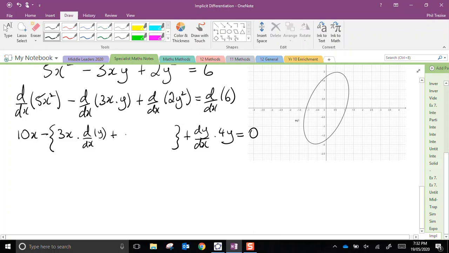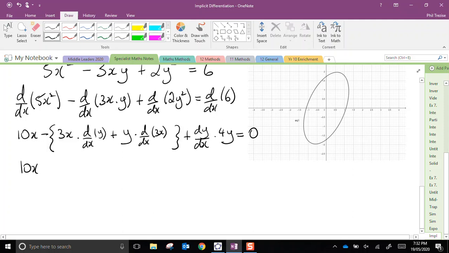Then we have the second term, y, and we multiply by the derivative with respect to x of the first term, d over dx of 3x. All of that, we subtract all of that. So here we have 10x.